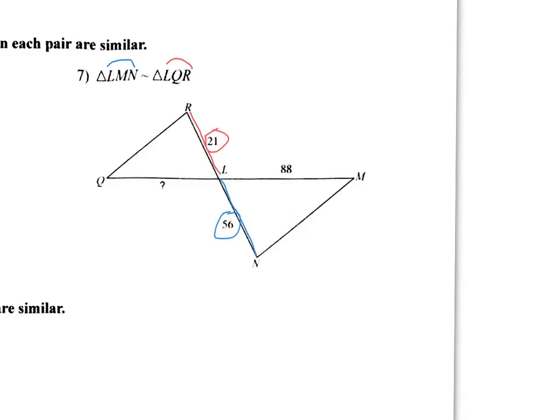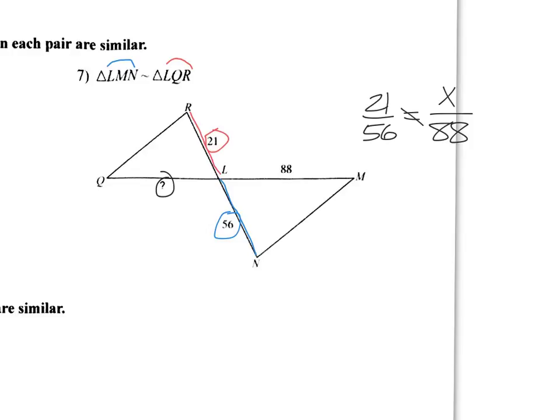So I come over here and I write 21 over 56 has to equal. Now, what goes in the other? Well, the question mark, or my variable, I'm going to put x, has to go on top. Why? Because it's in the same triangle as the 21. So down here goes the 88 because it's in the same triangle as the 56. So 21 question mark go together on top, 88 and 56 go together on the bottom.